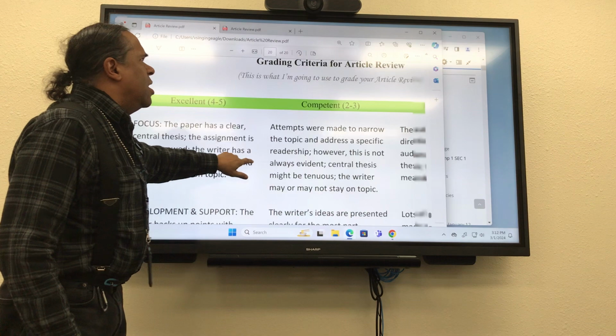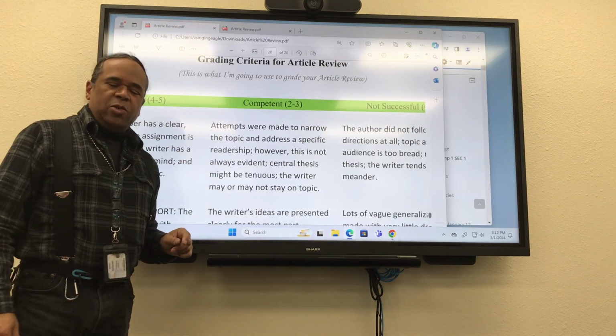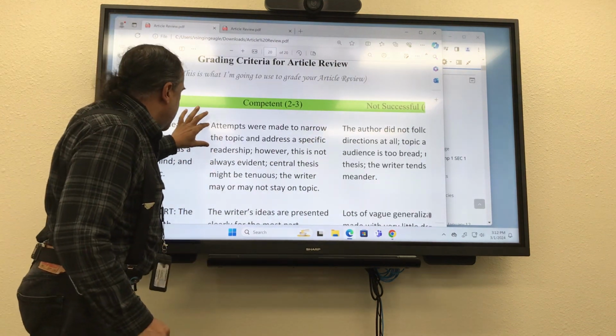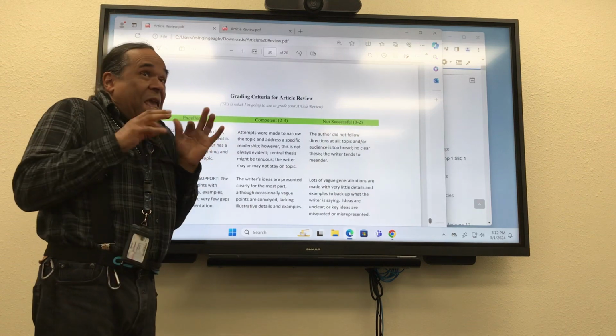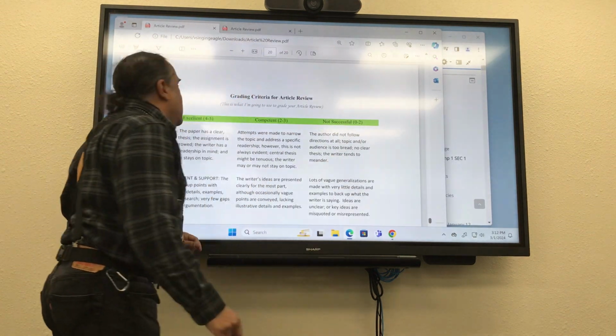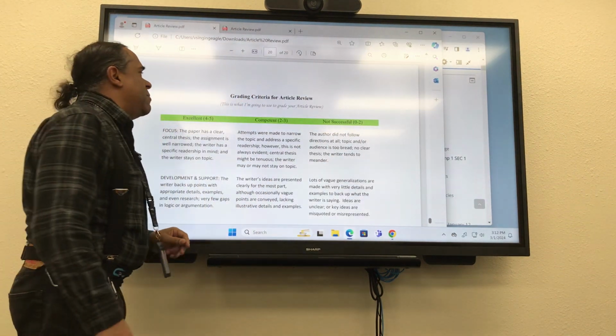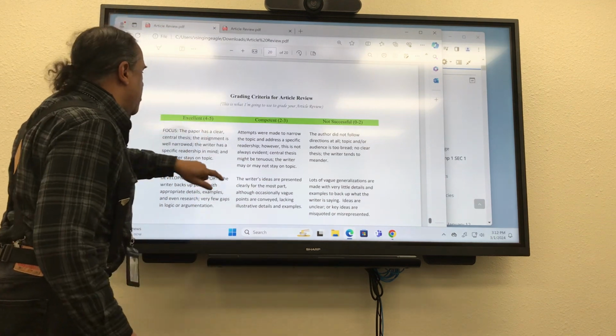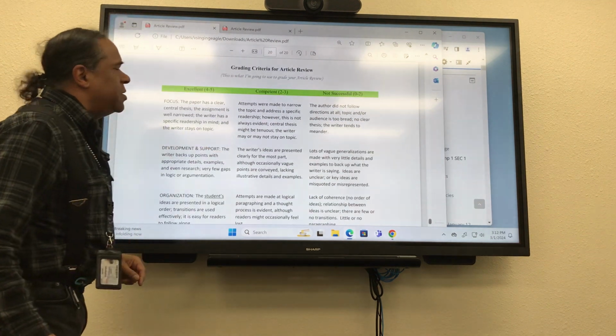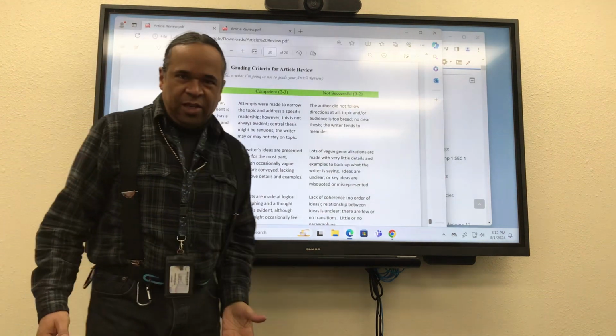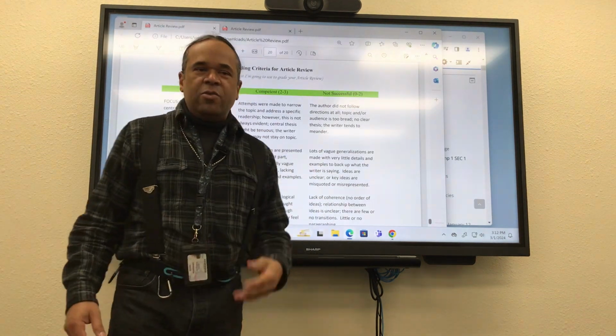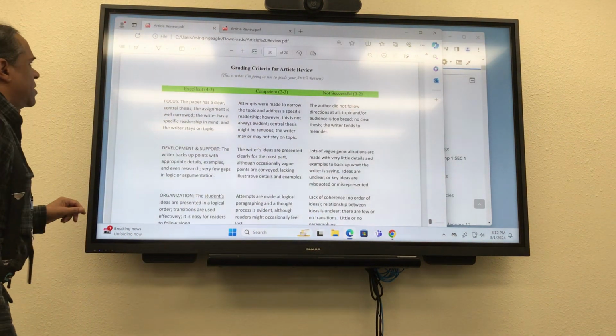Grading criteria. Remember what I told you before? Professors like to create what they call grading rubrics, which sounds really scary and kind of stupid in my opinion, but I just call it grading criteria. It's like a grade sheet that shows students what criteria we use to grade your papers.